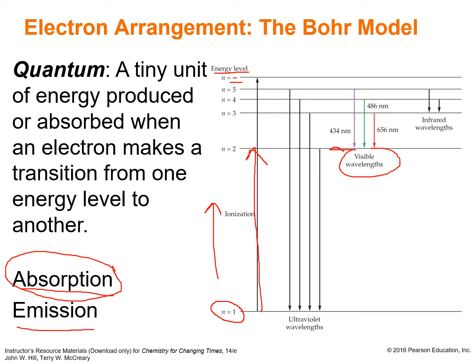This purple line is because the electron is going from n equal to 5 to n equal to 2. So it is giving out, or emitting, that amount of energy, and that's called emission. According to Bohr's model, the electrons can jump by absorbing energy or by releasing energy, which is referred to as a quantum of energy.